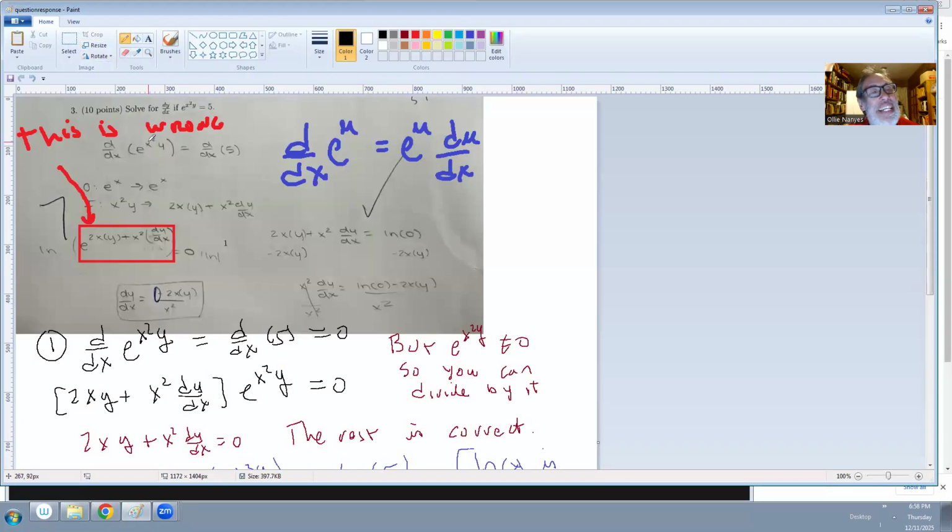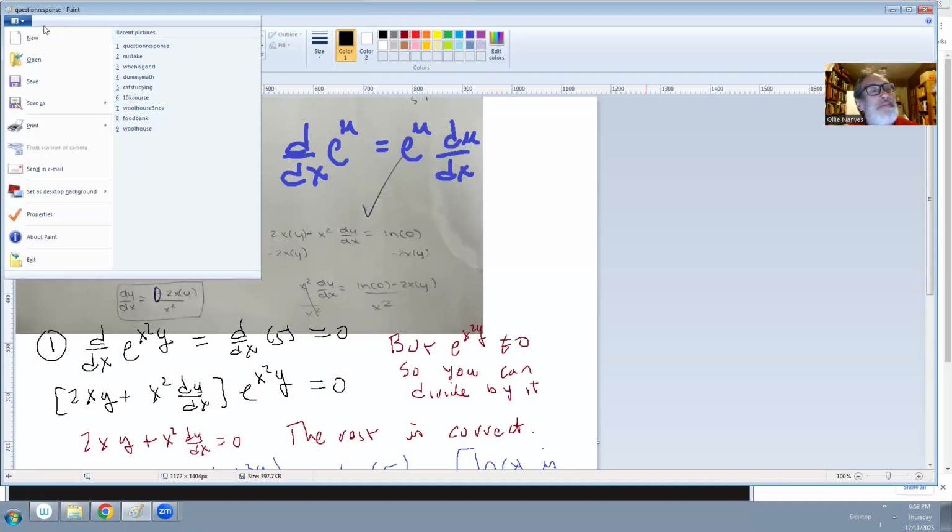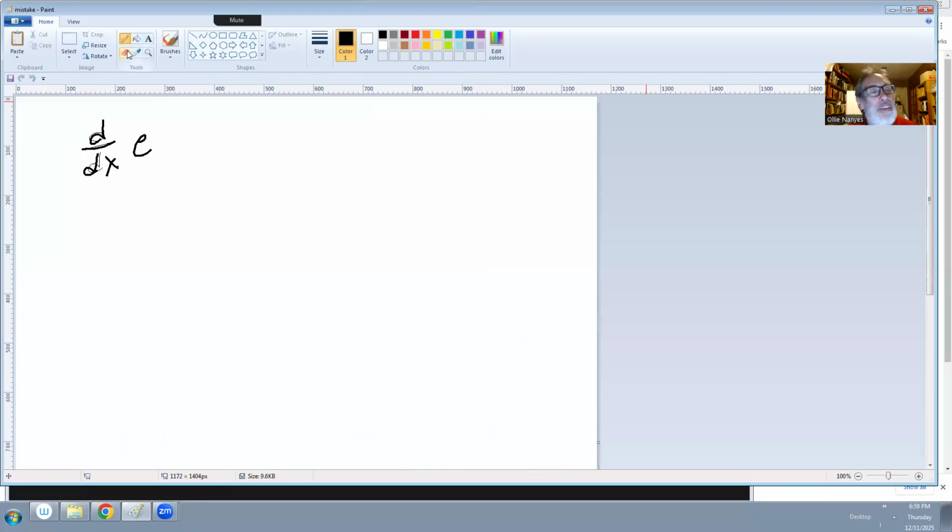When they did this, e to the x squared y, they differentiated in the exponential area. So what they did is, when they took this, they incorrectly said that this is going to be e to the d dx of x squared y, which is wrong.